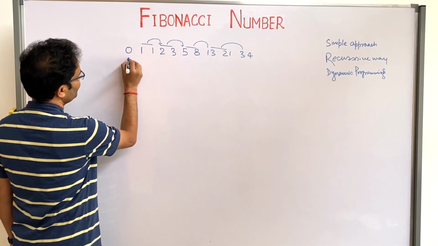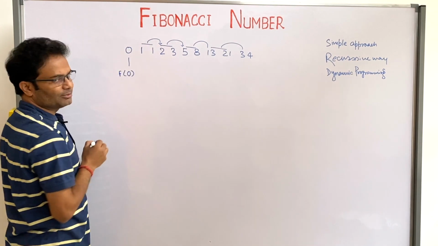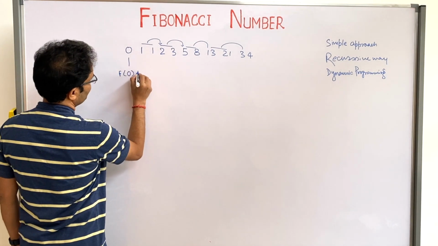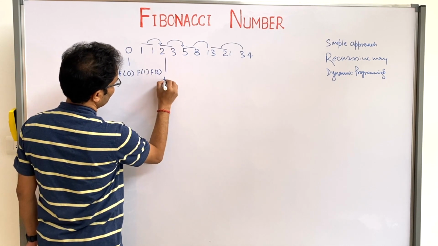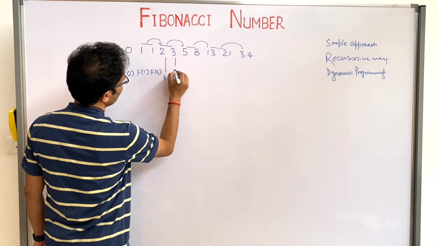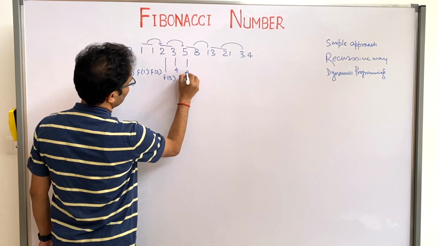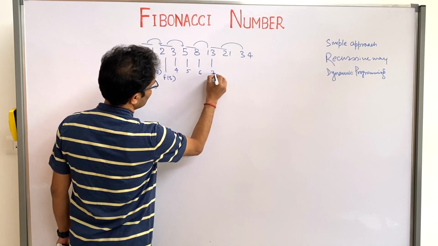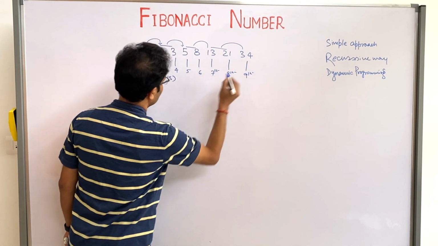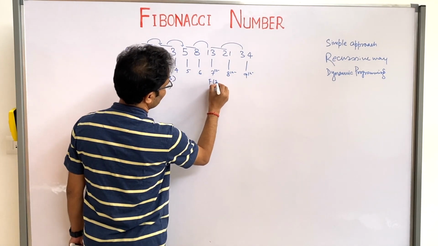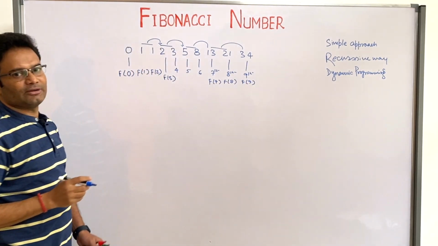So if you see, this is the first, the Fibonacci of 0 is 0, this is the Fibonacci of 1, this is Fibonacci 2 and this is Fibonacci 3, and the same, this is 0, 1, 2, 3, 4, 5, 6, 7, 8, 9. You can represent them as F7, F8, F9. So this is the Fibonacci series.